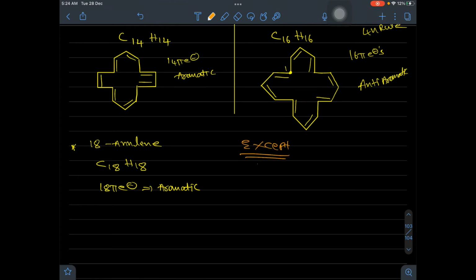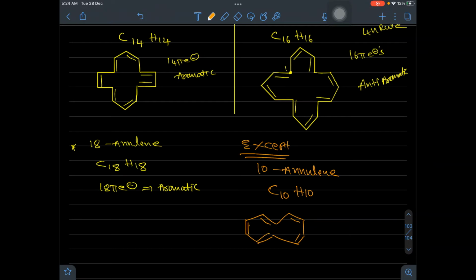The exception is [10]annulene. Its molecular formula is C10H10, and its structure will be written like this.